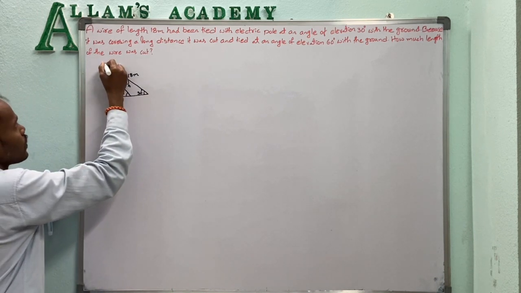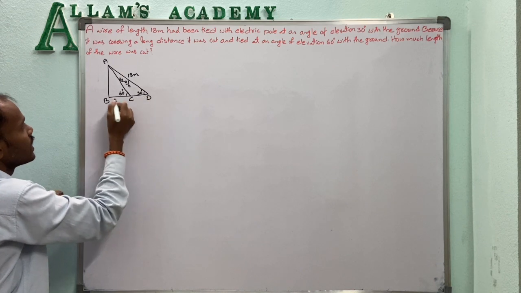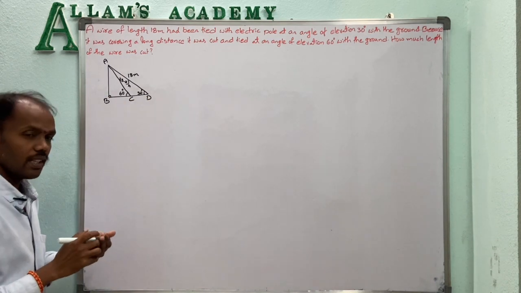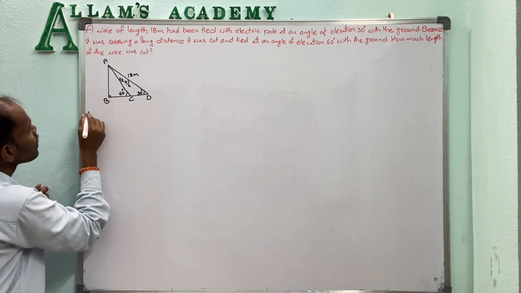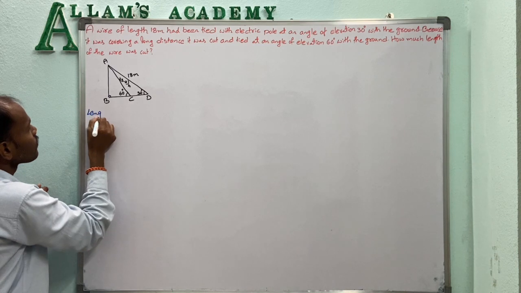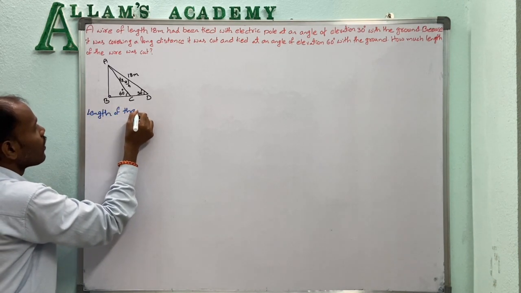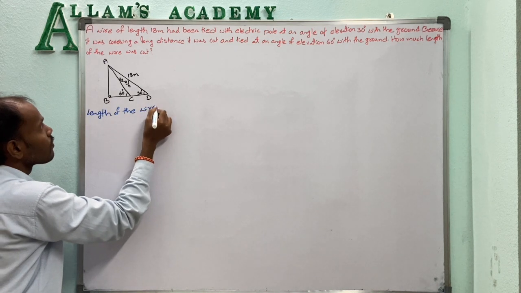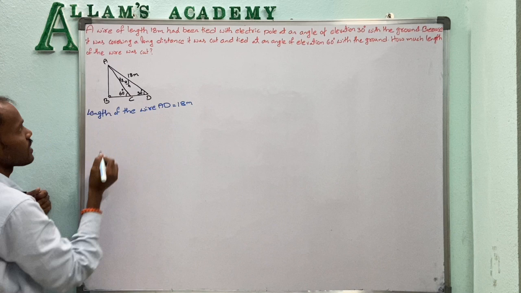Okay, so A, B, C, D. The given information we write: length of the wire AD equal to 18 meters.